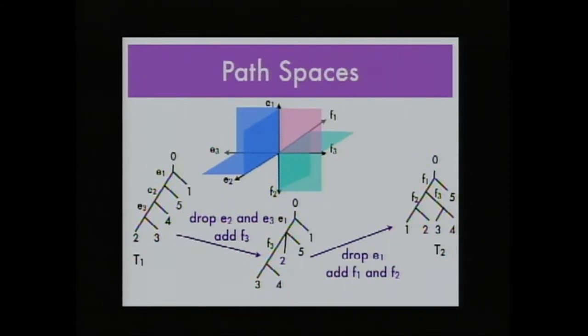Because edges can only have positive or 0 lengths, I'm never using the negative part of the space. So when I draw these pictures, a lot of times I'll put one edge on the positive side, one edge on the negative side. But you can think of tree space as sitting in a space with number of dimensions equal to the number of possible partitions of the edges.